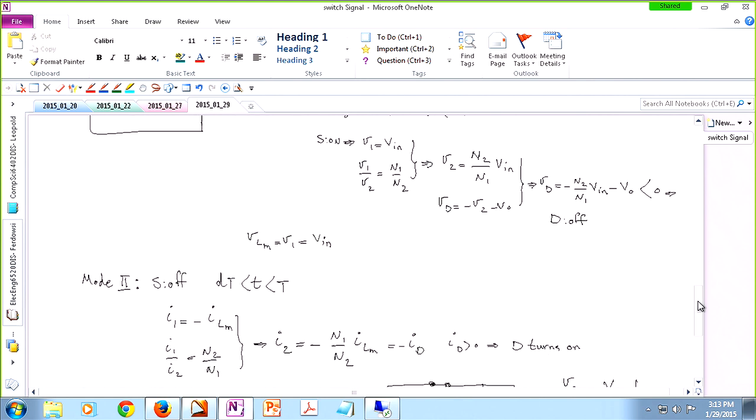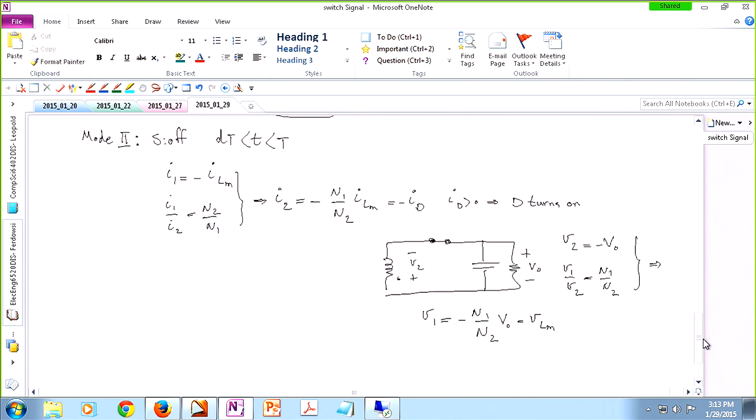In the first mode, it was positive. In the second mode, it is negative. Again, the classic case of positive, negative, average of 0, so you can find the voltage transfer ratio. Just out of curiosity, what kind of topology is this resembling?